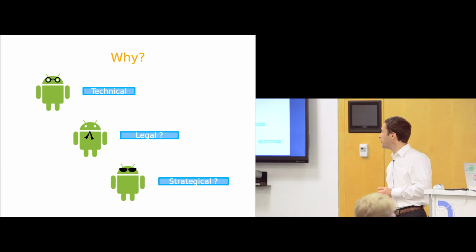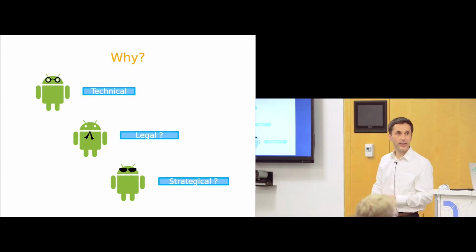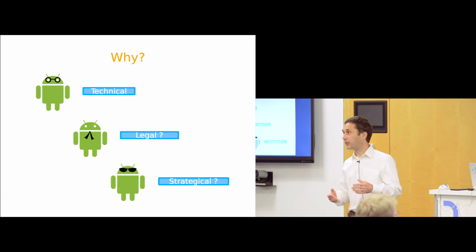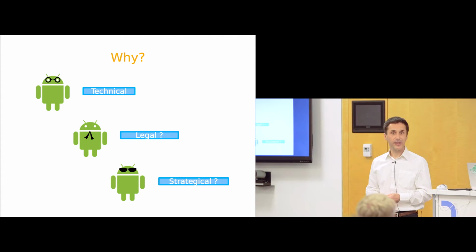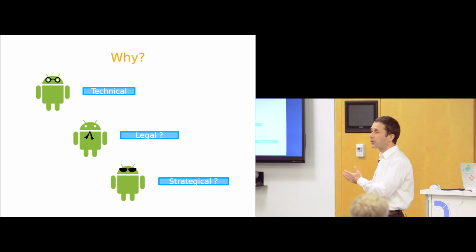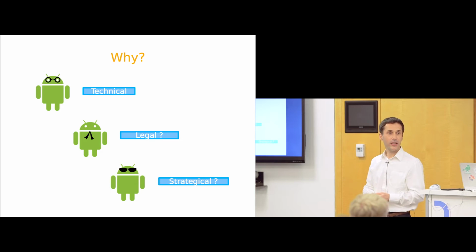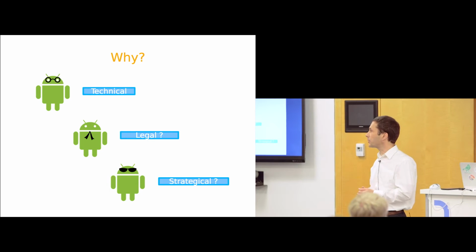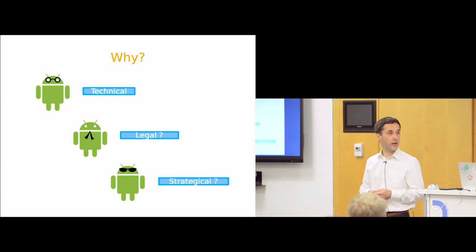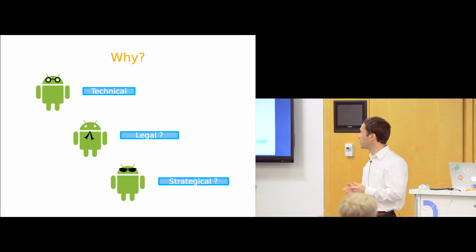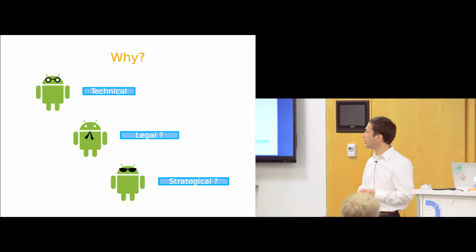Why would Google rewrite the original build system that they already have? There are certainly technical reasons, and I'll mainly go into those in my presentation today. But there may also be legal reasons, perhaps. All of the Android tools are owned by Google and mostly licensed under an Apache license. So they may want to take some more control over that.